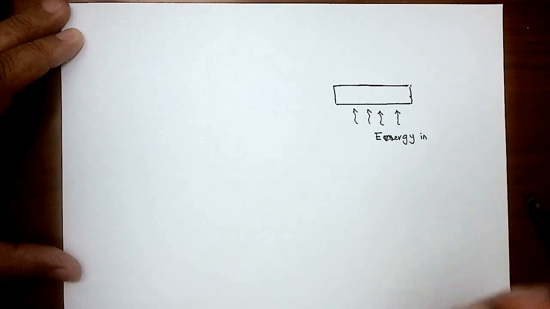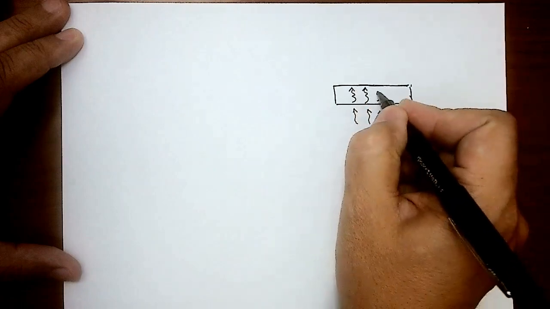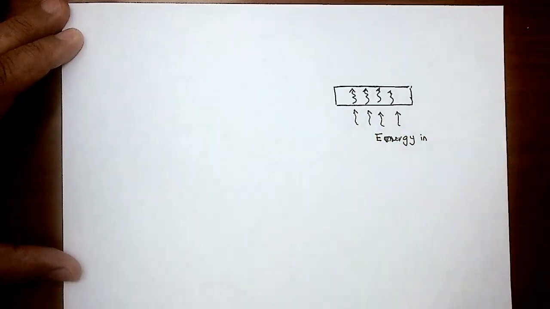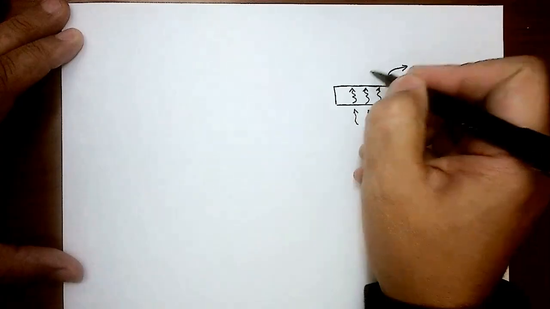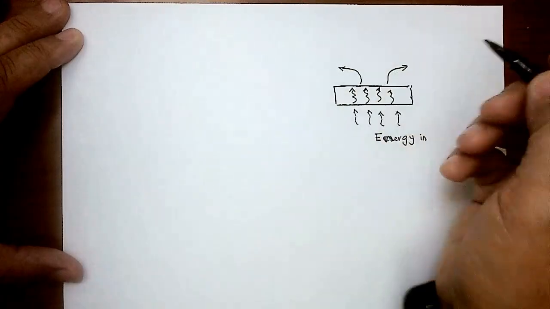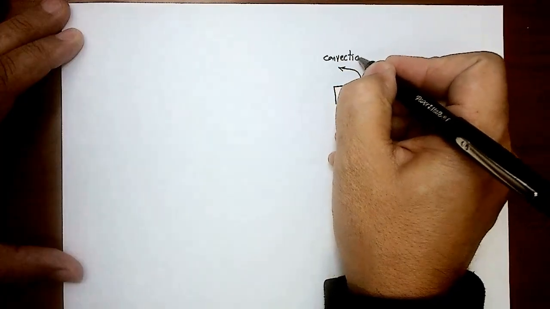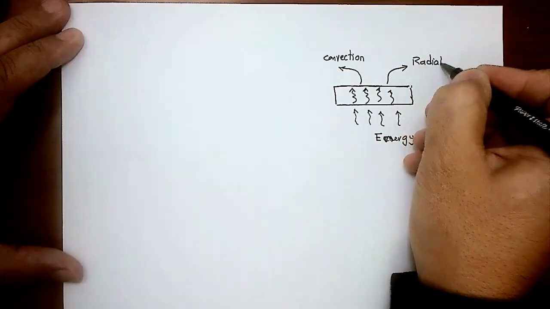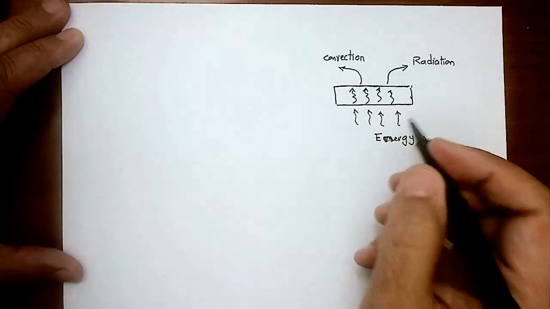Then what happened? Energy conducted through the body, right? Then as soon as that energy reached the surface, that energy got removed by two different mechanisms, by convection and by radiation. And the transport was by conduction.